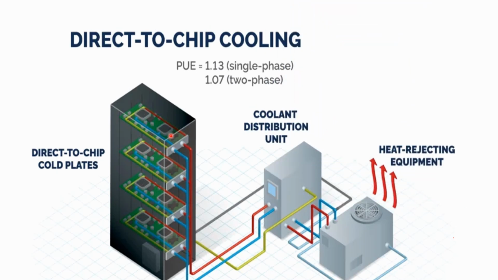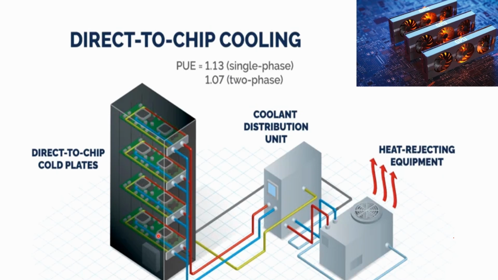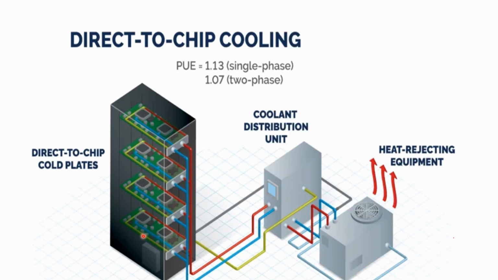These cold plates remove the heat right at the source, and you can see the blue lines and the red lines. These are the refrigerant or liquid pipelines, which are connected directly to the cold plates.